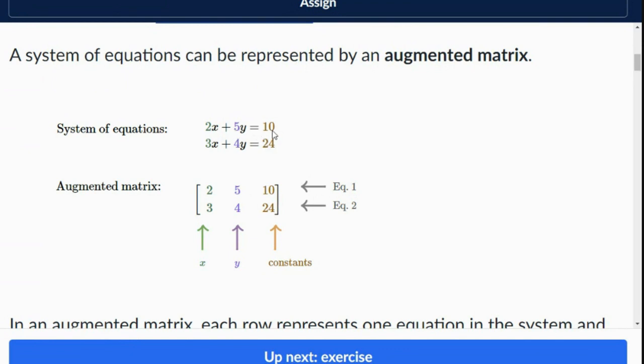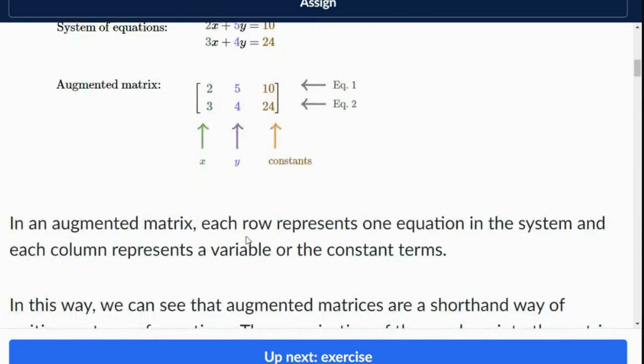Then 3, 4, and 24. We take the 3x and the 4y and the 24. This is the x column, the y column, and the constants. So this is how we take a linear system of equations and convert it into a matrix.